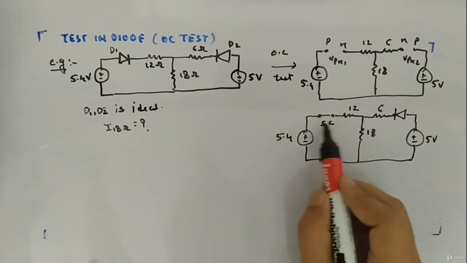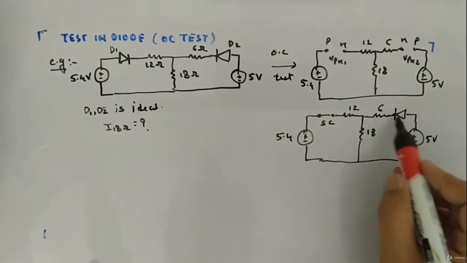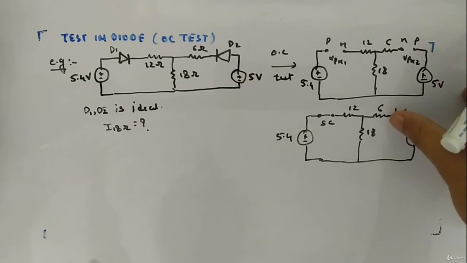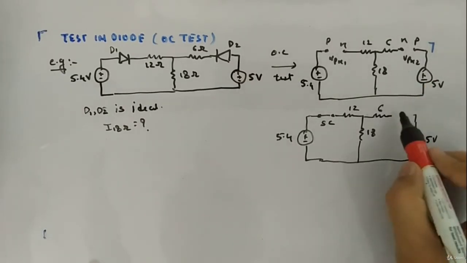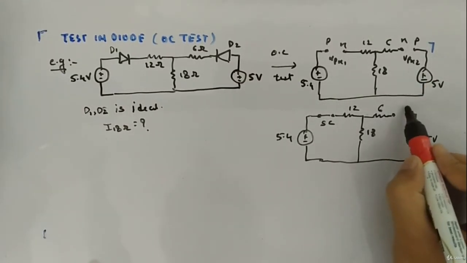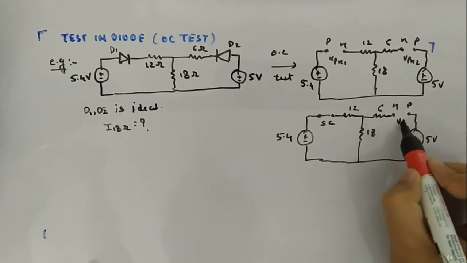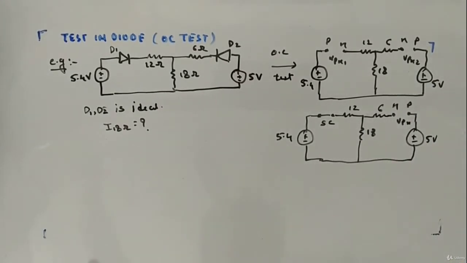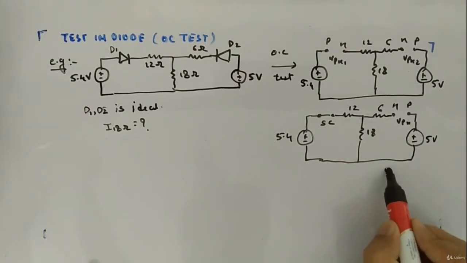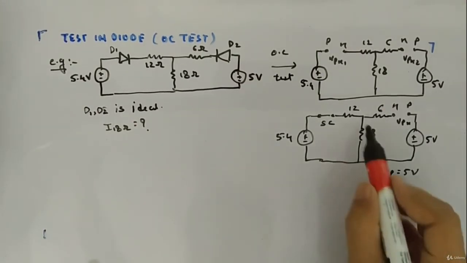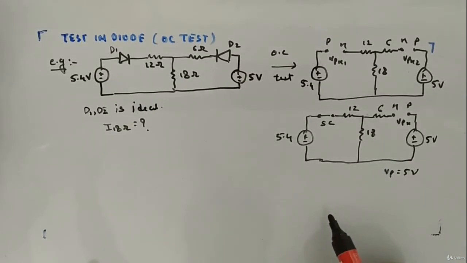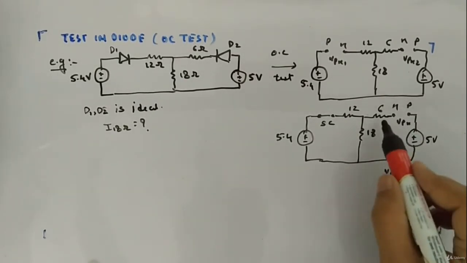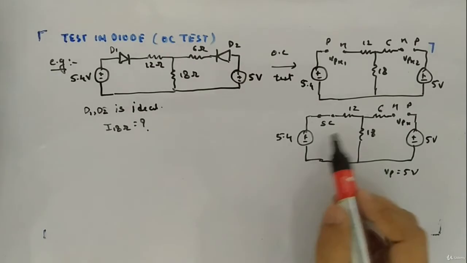Because we have decided that this diode is a short circuit, now we have to check this diode. So again we will take the same scenario and open it. This is P, this is N. We see this VP is connected to 5 volt, but we don't know about VN. There won't be any current in this branch because it's open, so there will be current in this branch.